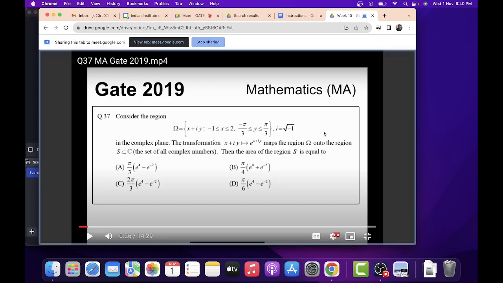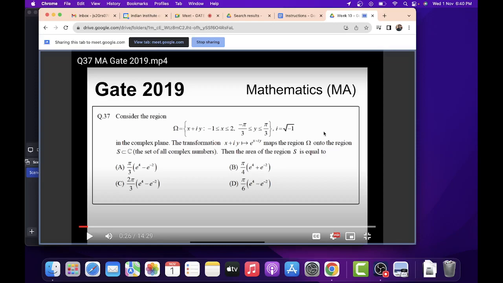So the entire right-hand boundary of the rectangle, x equals 2 for all y, maps to the circle of radius e squared.